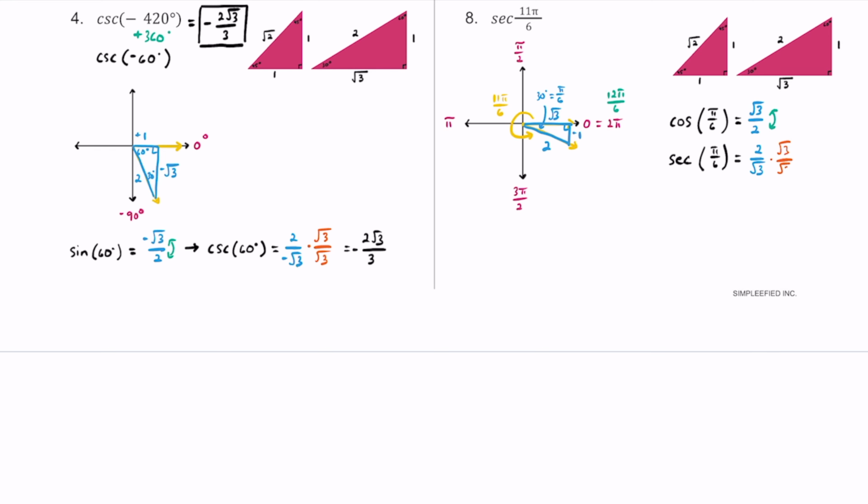So multiply top and bottom by root 3, and so we should get this 2 root 3 over 3. Okay, so our final ratio here for secant of 11 pi over 6 is going to be this 2 times root 3, or 2 root 3 over 3. That would be our final ratio for secant of 11 pi over 6.